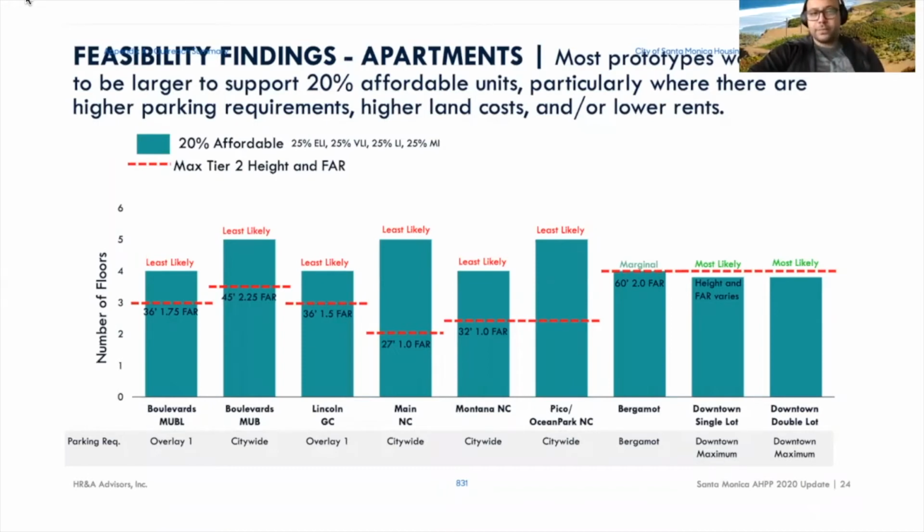And just an observation too, because I'm a planner and this is my lens, but I can definitely see that Bergamot and downtown have more generous height restrictions, right? 60 feet, even though their FAR isn't the most generous. Boulevard's MUB has a 2.25 FAR allowance, but the height doesn't comport with that.